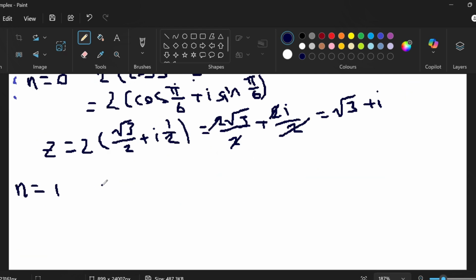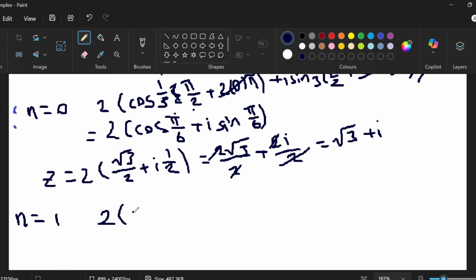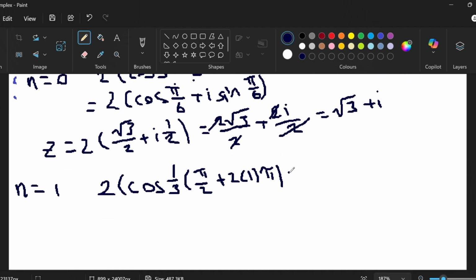So n equals 1, and I'm going to solve 2 cosine 1/3 times (pi over 2 plus 2 times 1 times pi) plus I sine 1/3 times (pi over 2 plus 2 times 1 times pi).